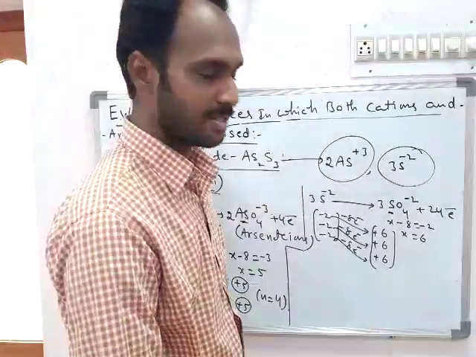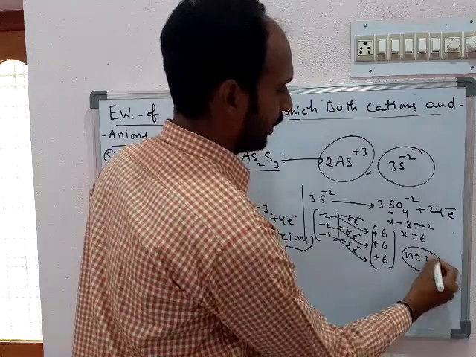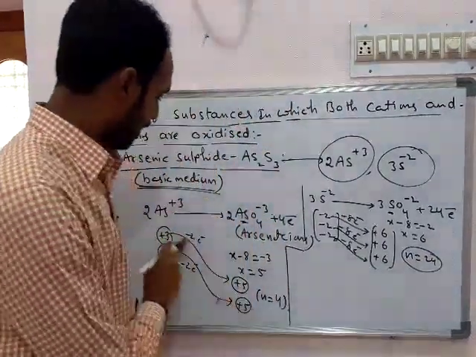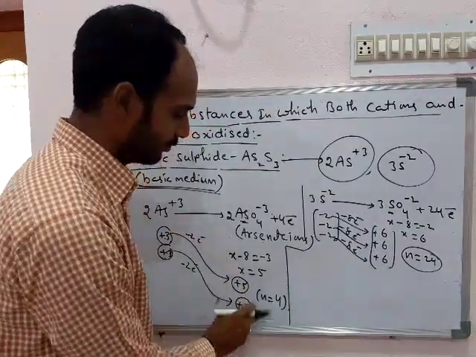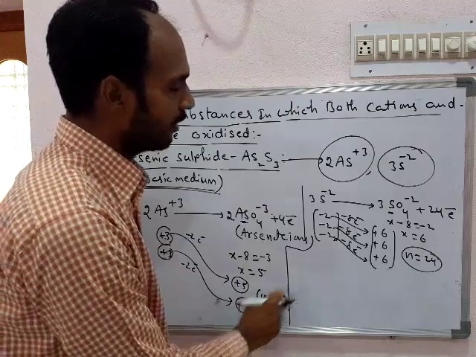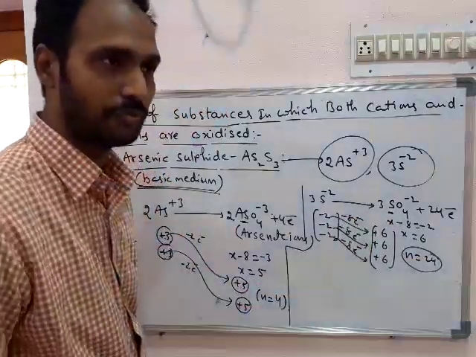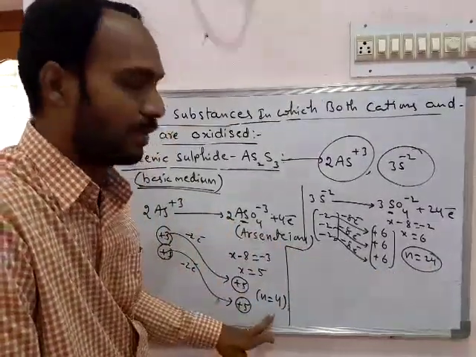So in this oxidation reaction, the n factor is 24. Now what is the total n factor? For the oxidation of arsenic into arsenate ions, it is 4, and for sulfide ions into sulfate ions, the n factor is 24. Now the total n factor is 24 plus 4, 28.